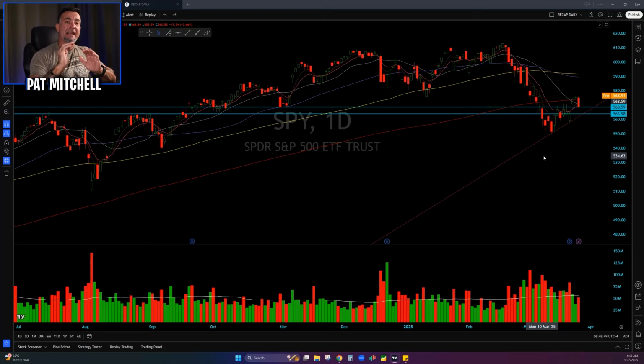Now, I'm not saying that it needs to go and break all-time highs again. It might. That's not what we're trying to do here. But what we need to understand is how far of a retracement from all-time highs we are. If you hit that 10% correction area, that becomes an area where you're looking for, maybe not you personally, but investors and swing traders, people that are looking to hold longer term.